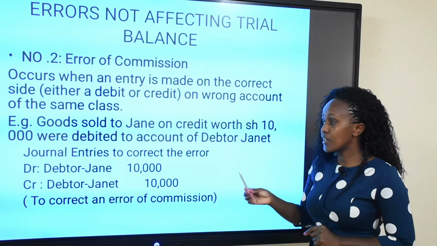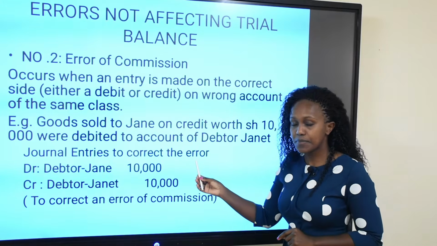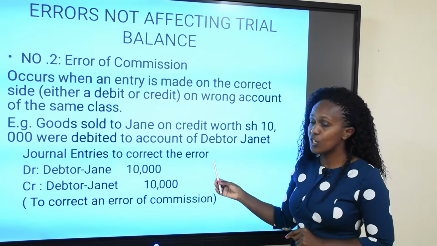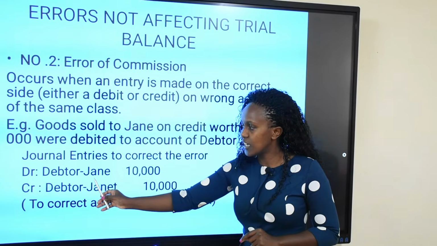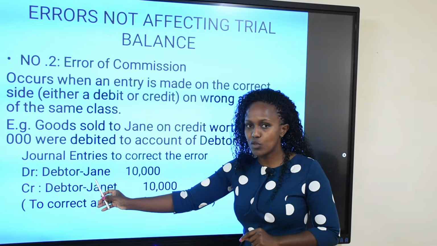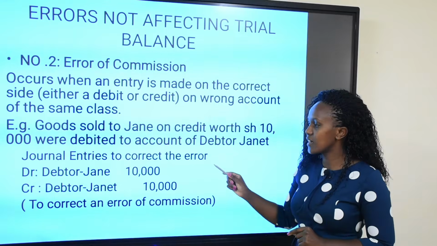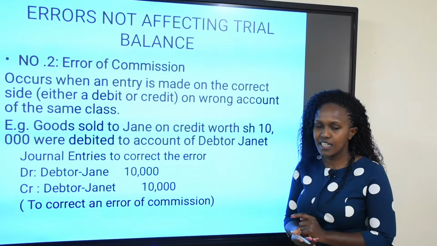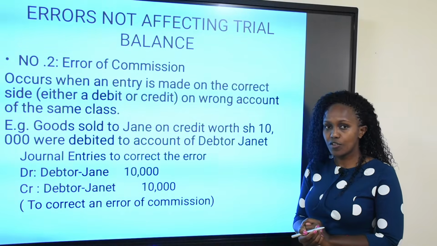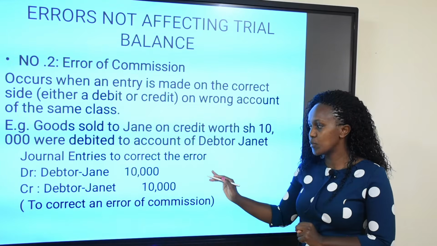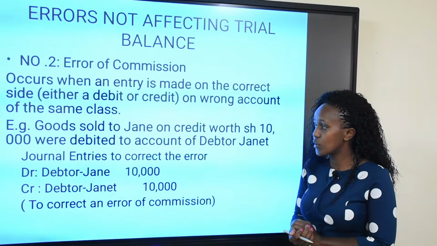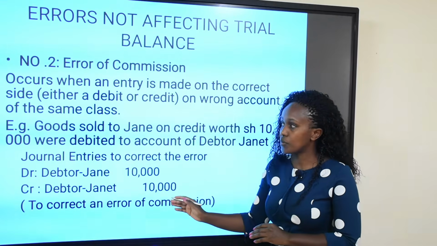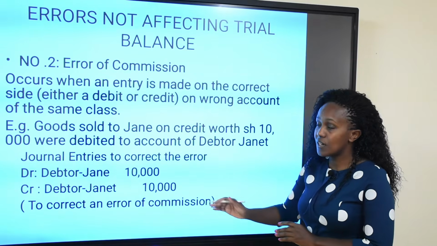So to correct that error of commission, we are going to debit debtor Jane. This is what should have been done from the beginning, with the 10,000. Then we are going to credit debtor Janet with 10,000 to correct the amount that wrongly was posted to their account. So I hope you understand this error of commission.